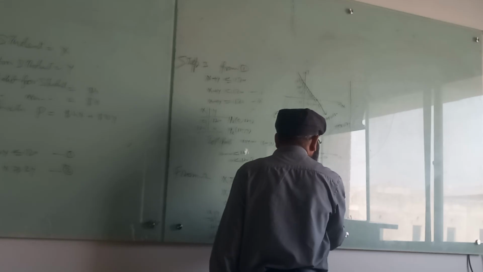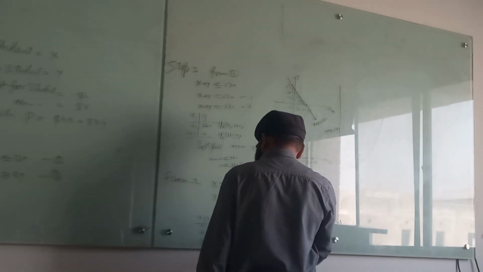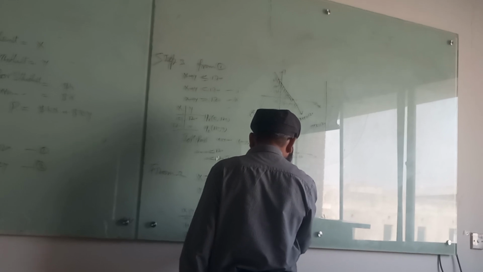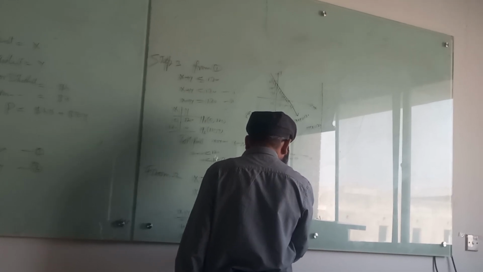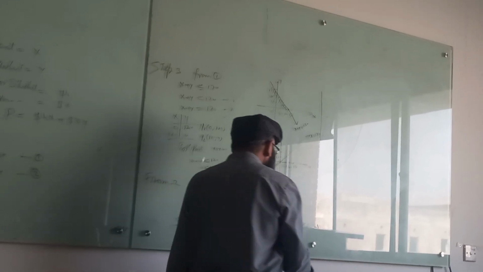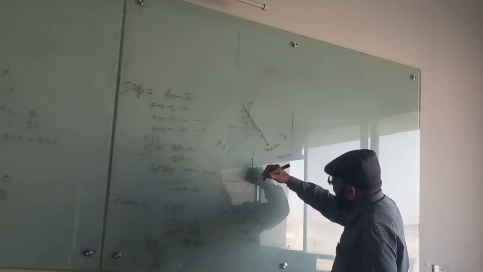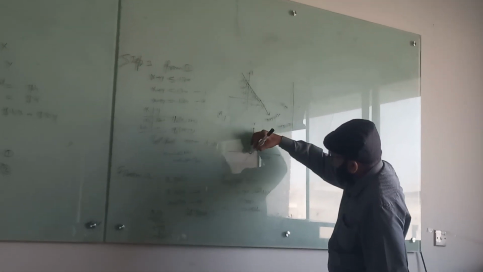Let's take a point 1, 1. 1 greater than 2 is false. This means the shaded area is above the line, not toward the origin, away from the origin.